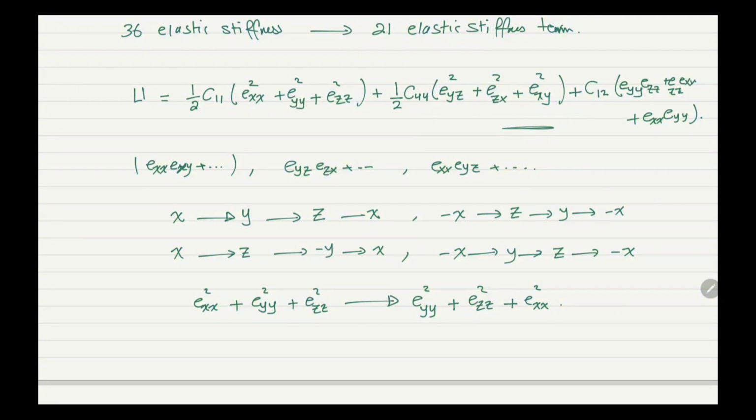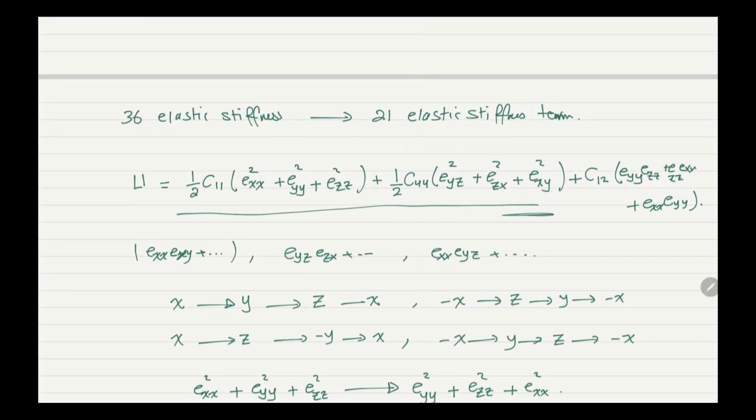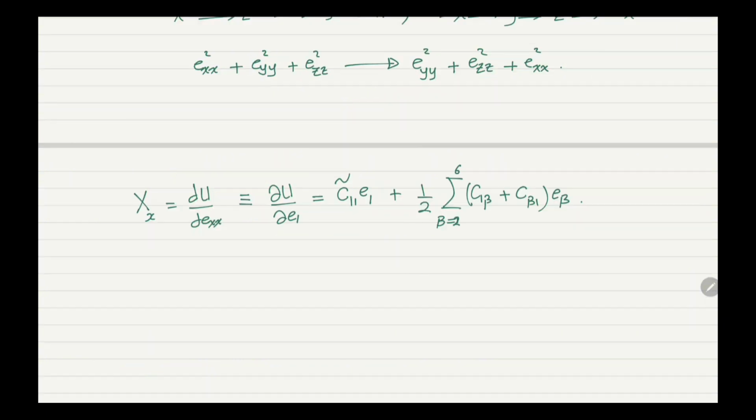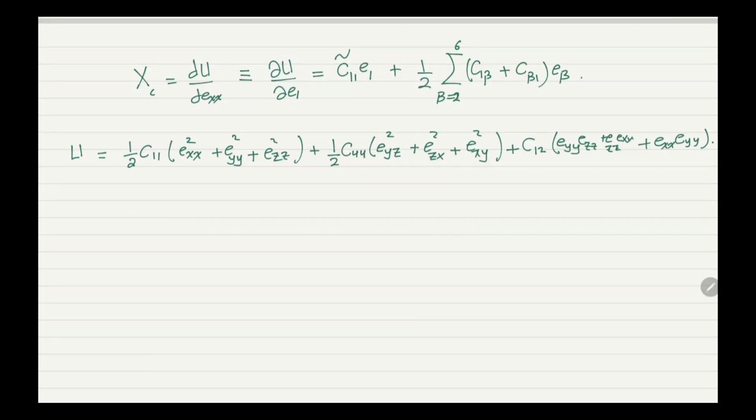Now we want to verify the numerical factors in this energy U with the aid of this equation. Let's just write it down. Partial U partial EXX is actually equal to σXX.